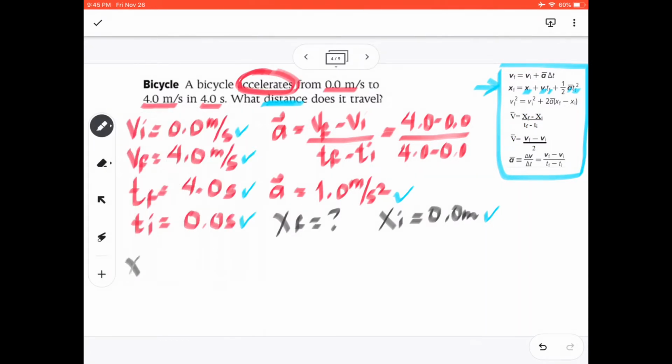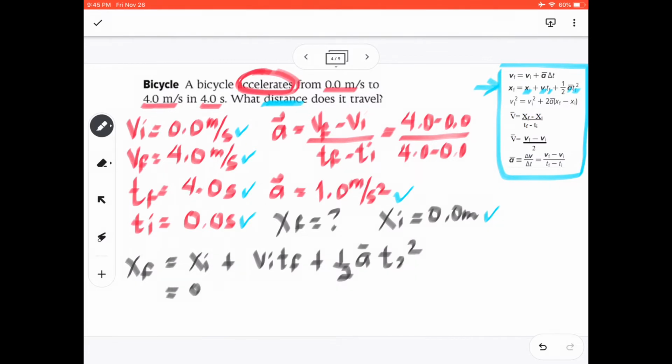We're looking for XF. The formula is XF equal to XI plus VI TF plus 1/2 average acceleration TF squared.